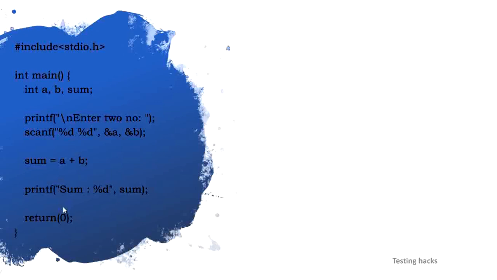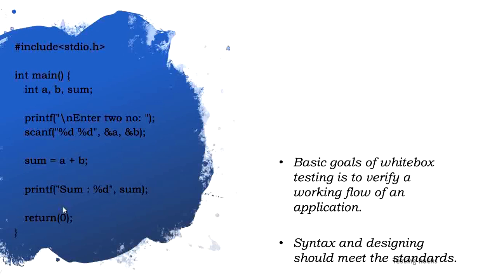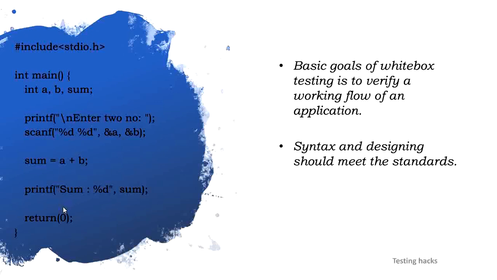The goal of white box testing is to verify the working flow of an application. Syntax and design should meet the standards, which is nothing but, as per the programming standards, the code which has been written should match that standard.